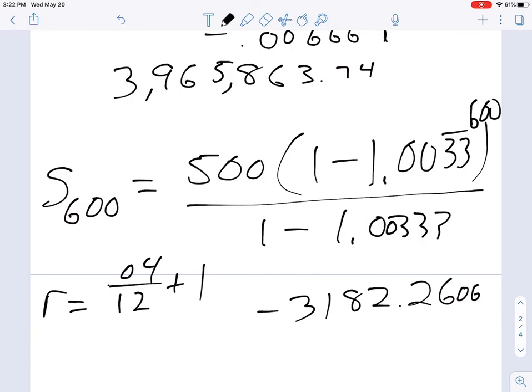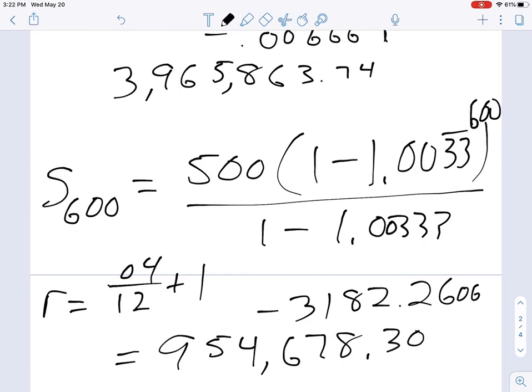Now I'm walking away with, on this one, $954,678 and 30 cents, I guess. I might keep the change if that's it.